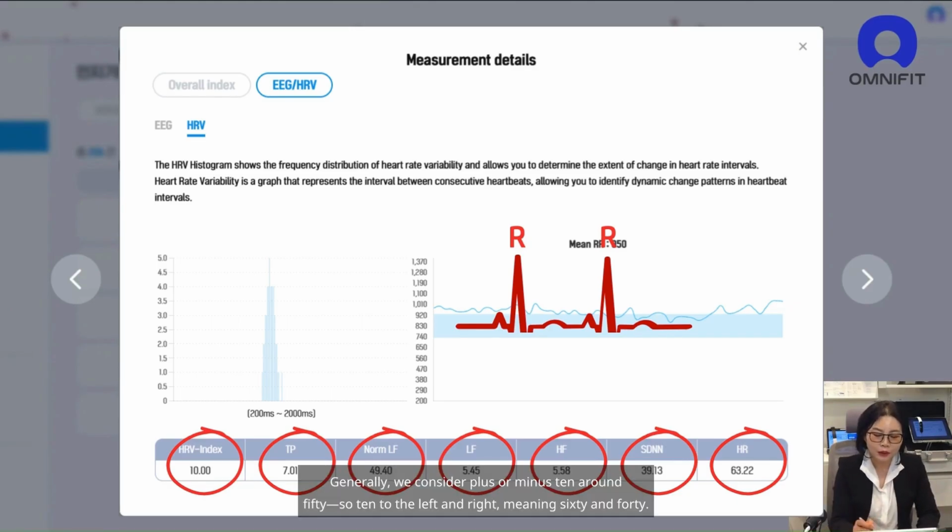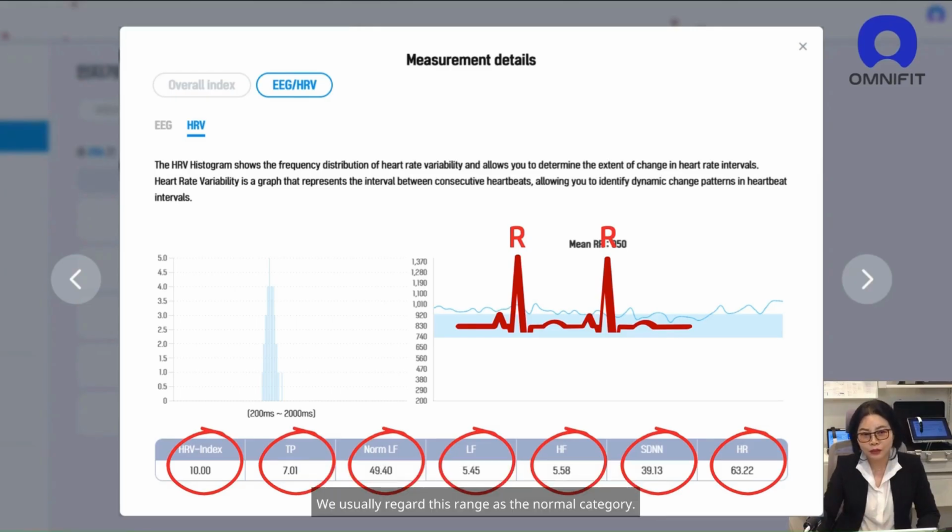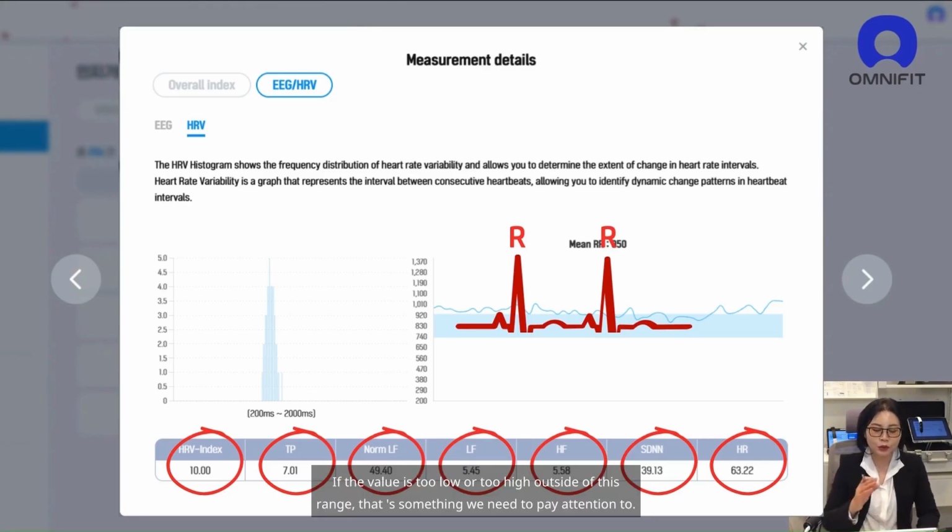Generally, we consider plus or minus 10 around 50, so 10 to the left and right, meaning 60 and 40. We usually regard this range as the normal category. If the value is too low or too high outside of this range, that's something we need to pay attention to.